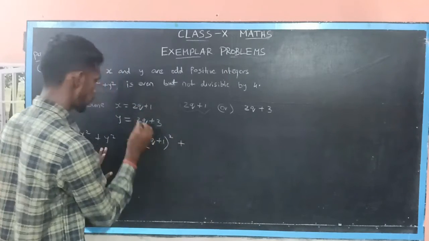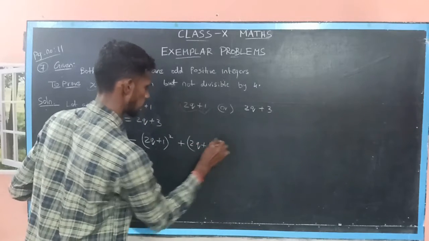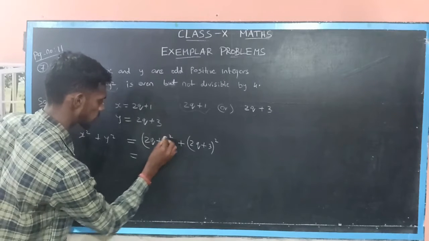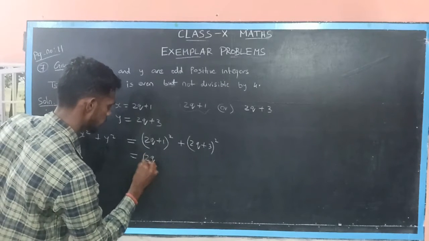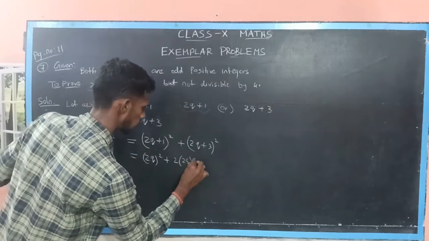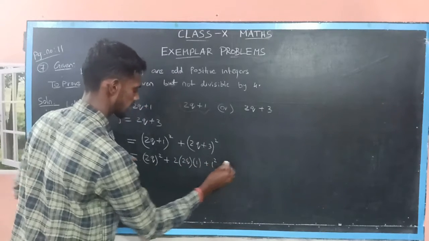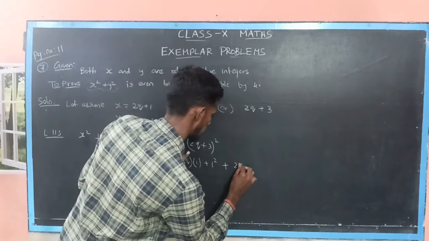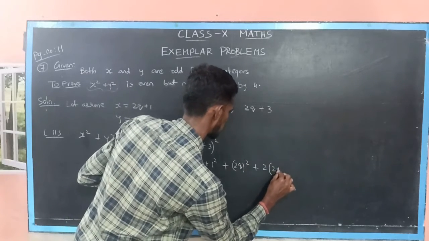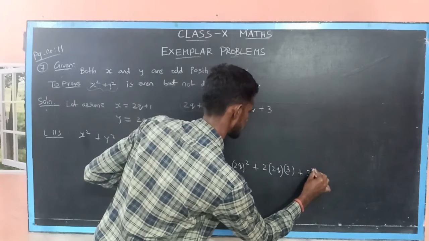Then the value of y, (2q plus 3) the whole square. So expanding this using the (a plus b) the whole square form, it is a square plus 2 into a into b plus b square, plus this term a square plus 2 into a into b plus b square.